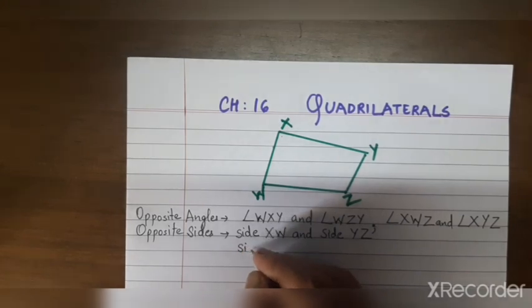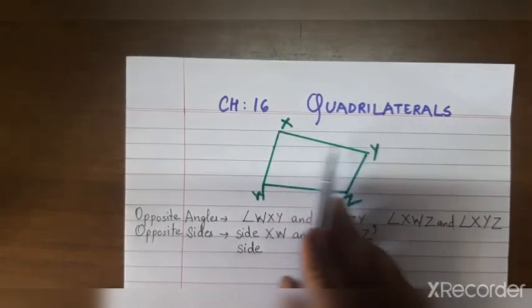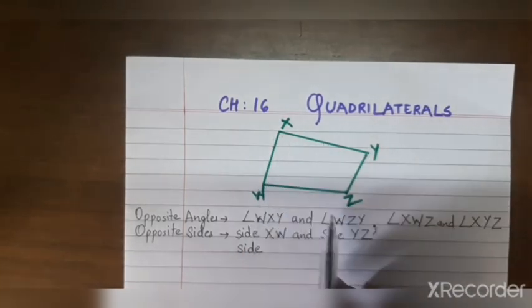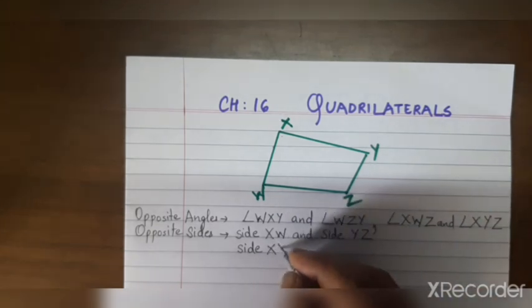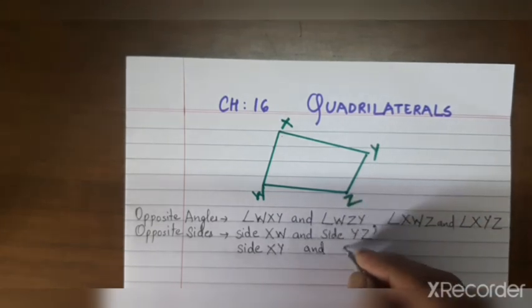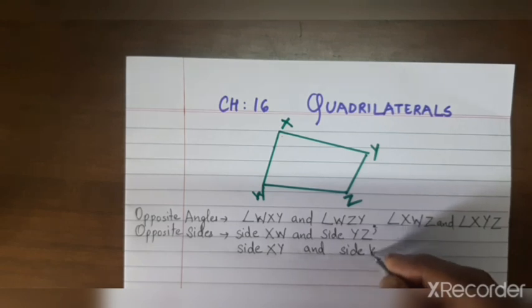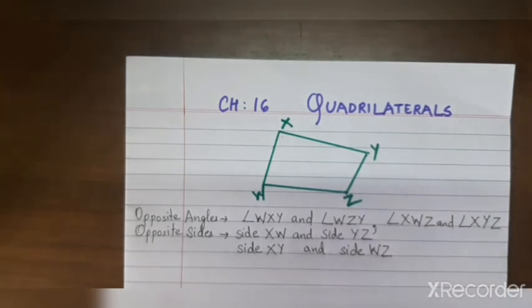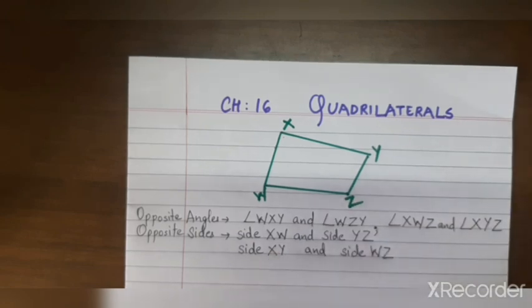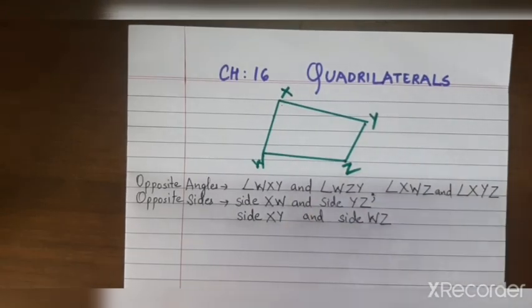And which is the other? If I take XY, opposite is WZ. Okay, in this way you are all going to solve it. I am not doing all, but I will explain it to you.